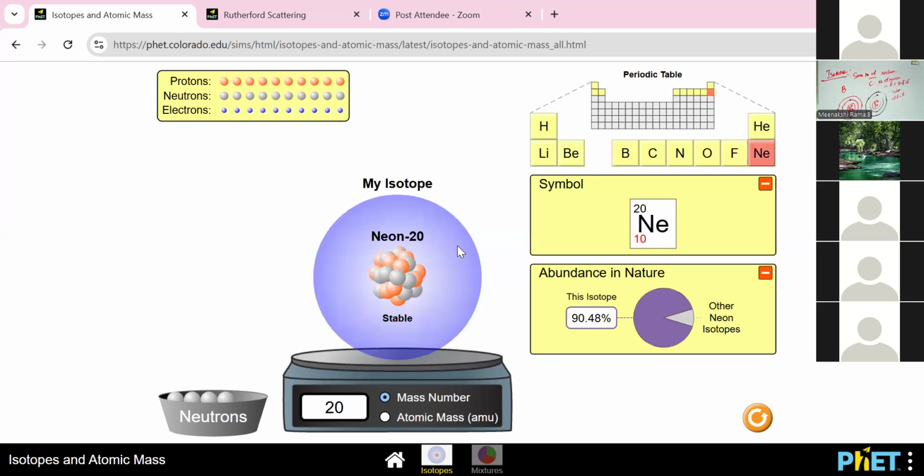And neon 20 is an isotope with mass number 20 and atomic number 10. The abundance of the neon 20 isotope is 90.48%. So I think isotopes and unstable positions are clear with the help of the simulation.